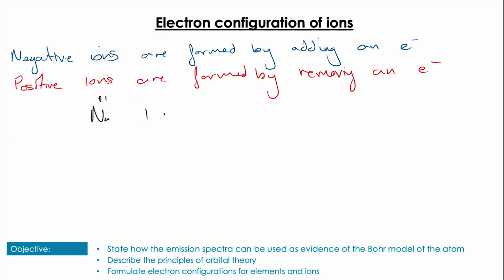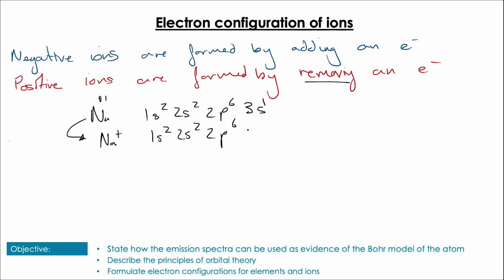Take the example of sodium. We have 1s2, 2s2, 2p6, 3s1. If we have the positive ion, it's removed an electron, so we just take that 3s1 electron away, so the whole configuration ends at 2p6.